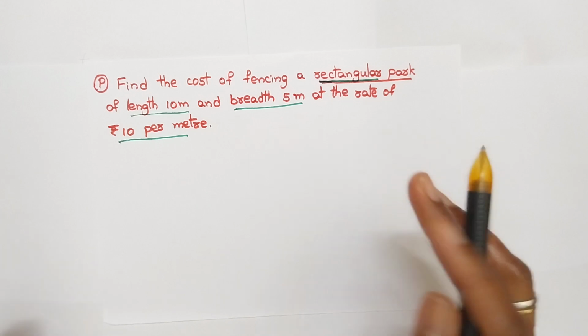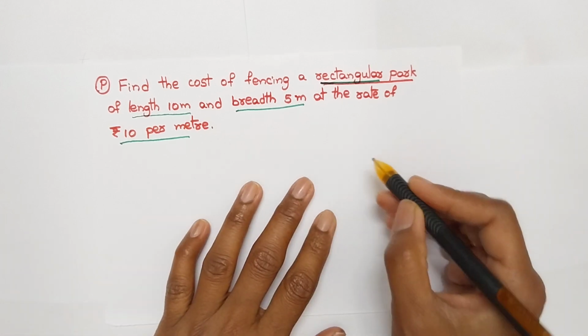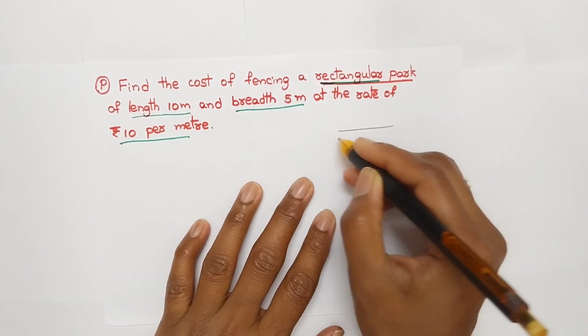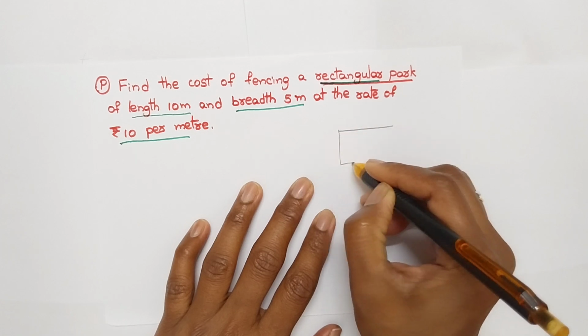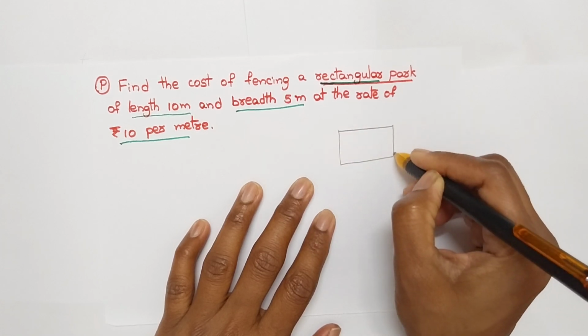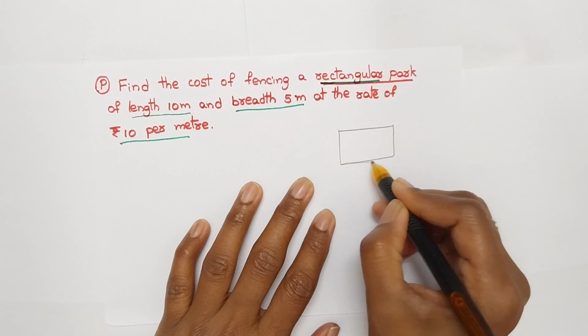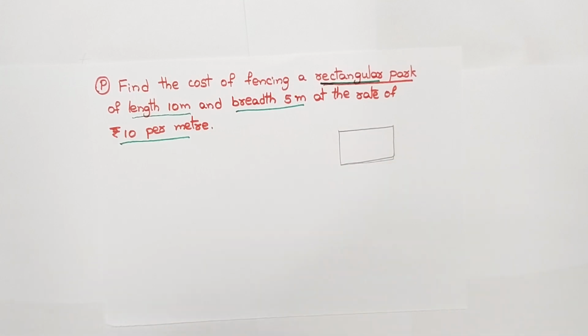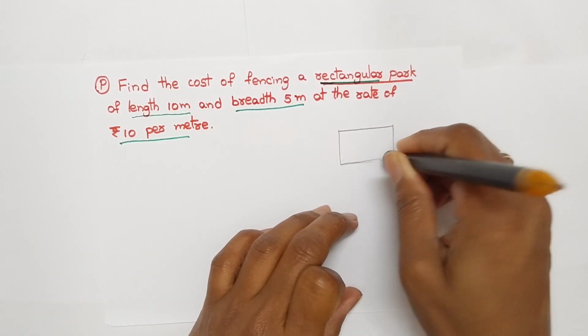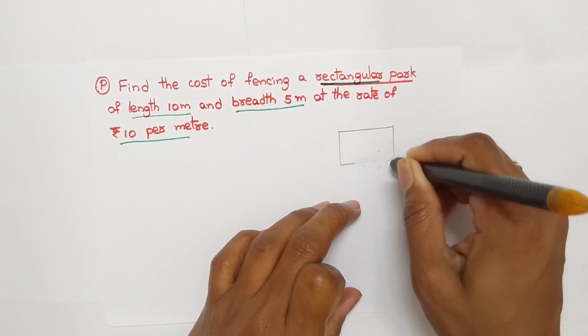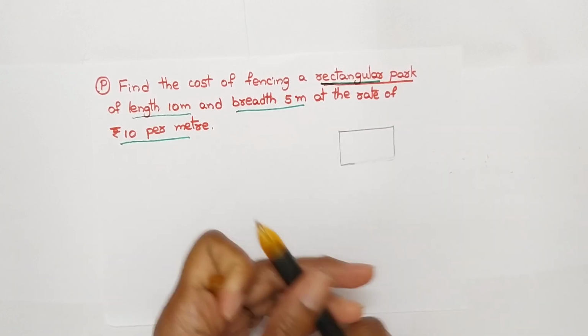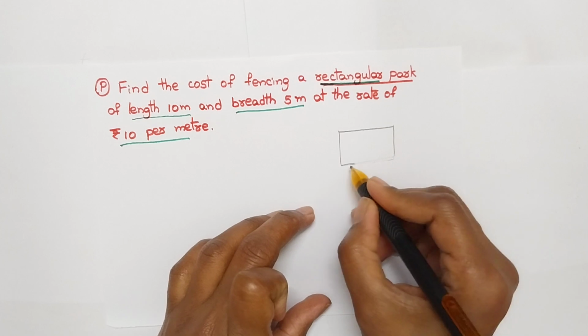First, the shape. So first we take the shape, rectangular park, and we draw a rectangle and give the values. I am just drawing a rough diagram, okay?